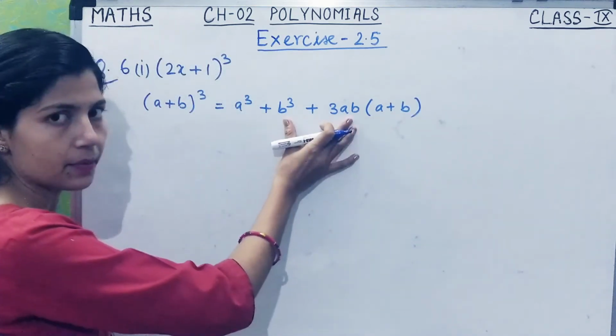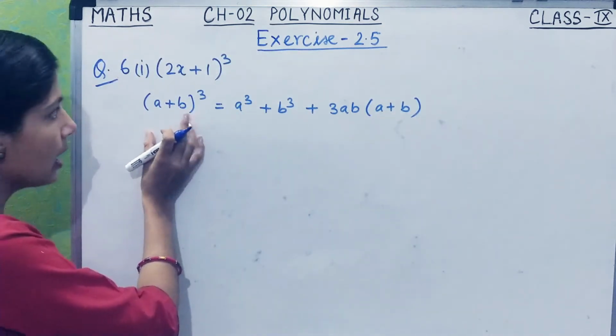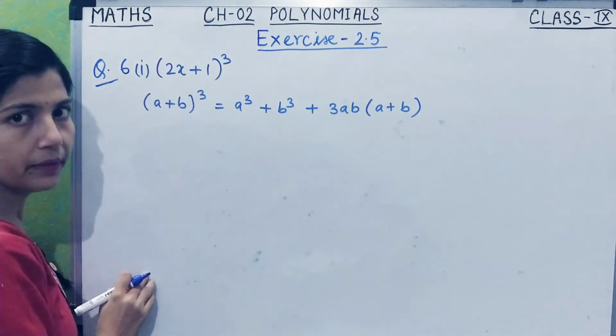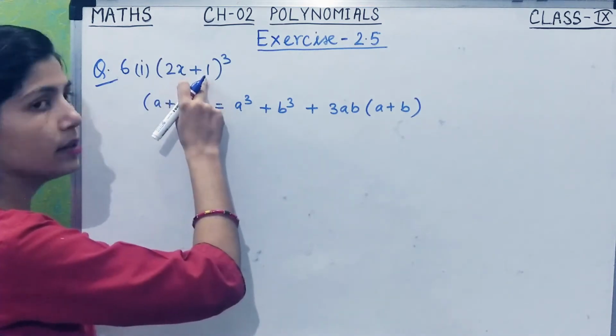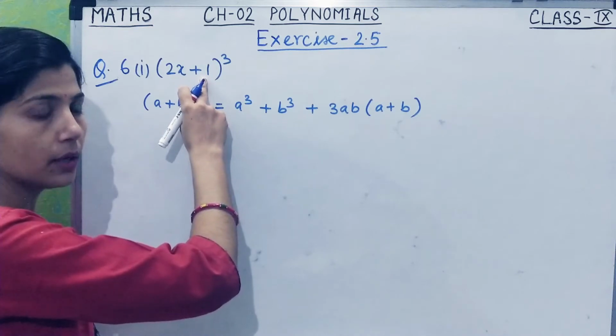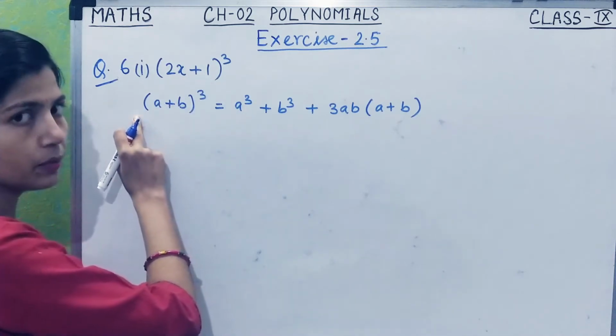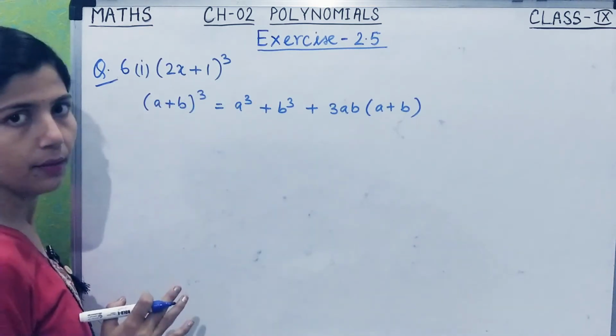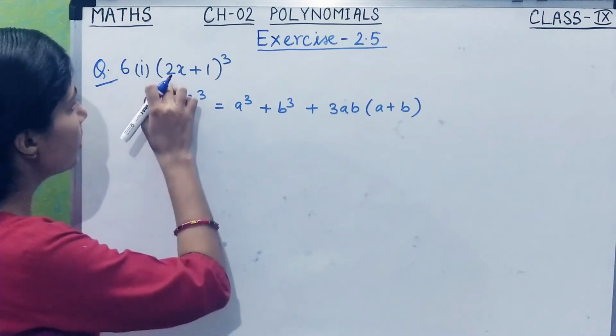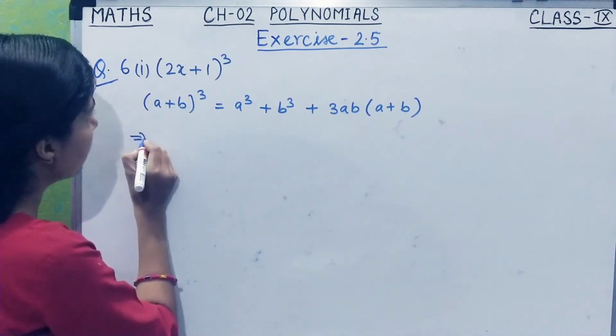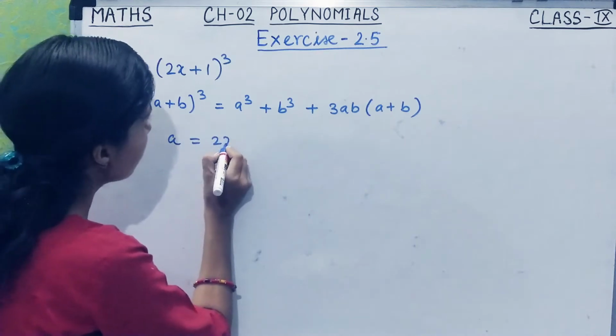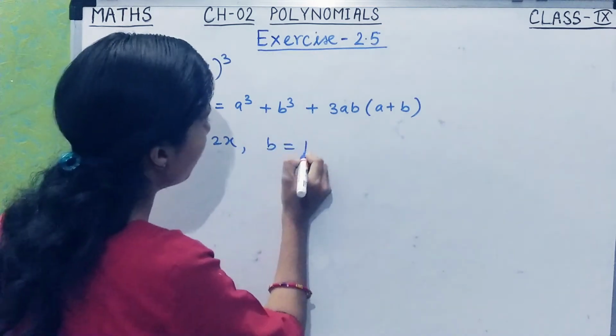So this is the expanded form of the identity, and in this form we have to write the expanded form of this part. On comparing these two, we get a as 2x and b as 1.